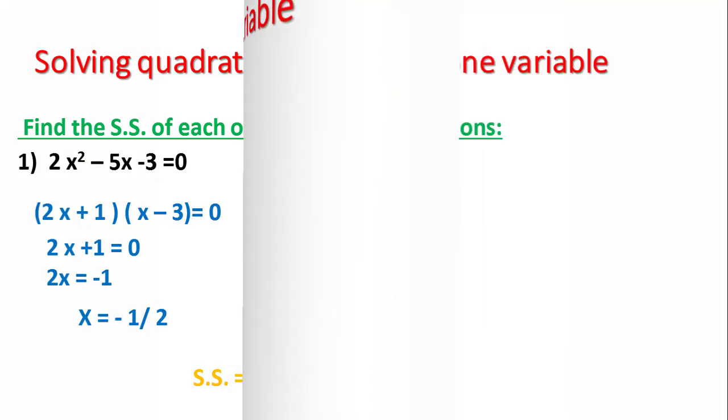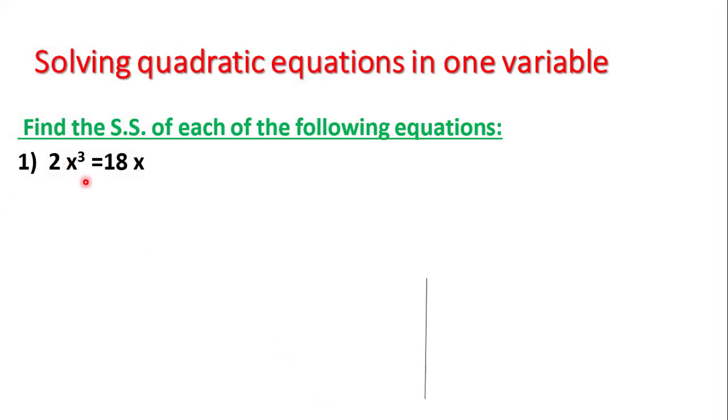Okay, let's take another exercise. Here, for example, we have 2x power 3 equals 18x. The right hand side is not 0, so I should move 18x to the left hand side with the opposite sign. So here I have 2x power 3 minus 18x equals 0.